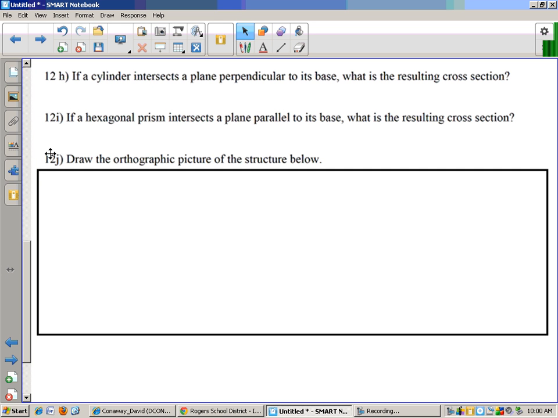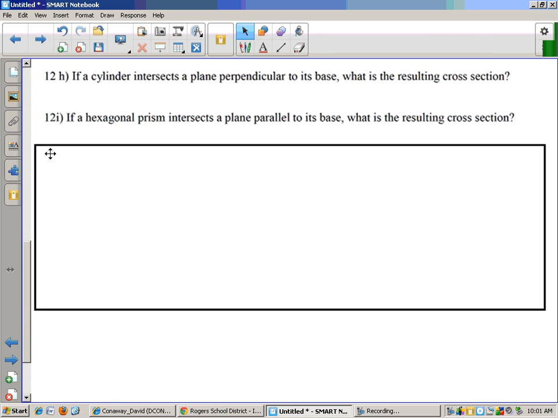If a hexagonal prism intersects a plane parallel to its base, what is the resulting cross-section? Hexagonal prism. What did we say we know about a prism type shape? That's a 3D hexagon.